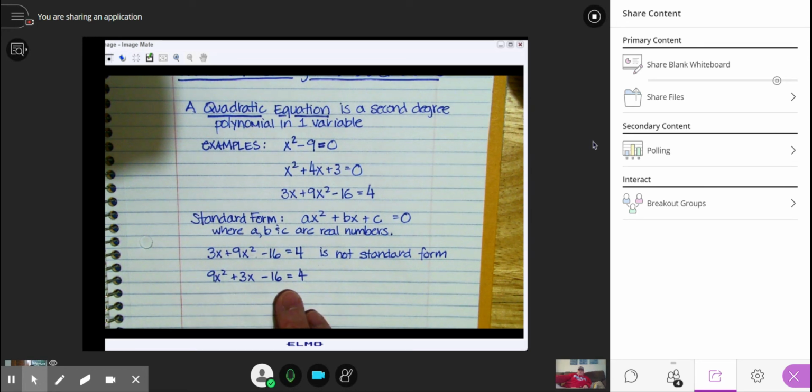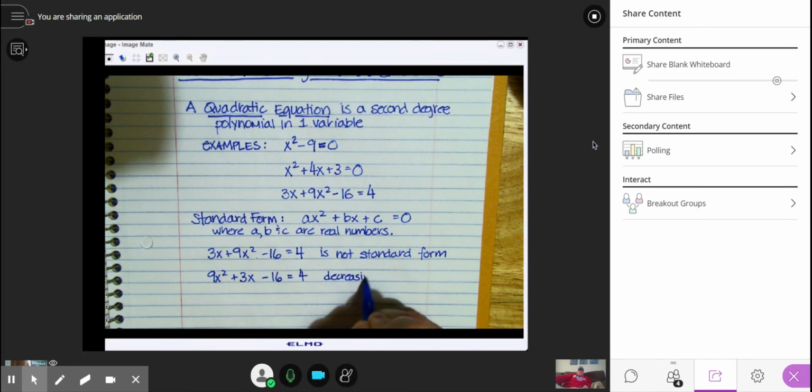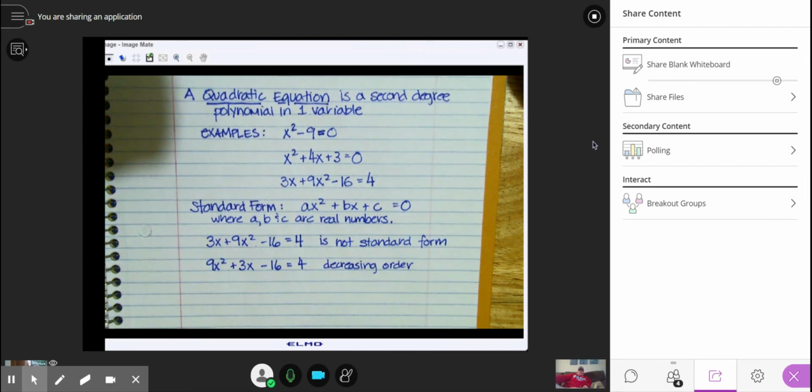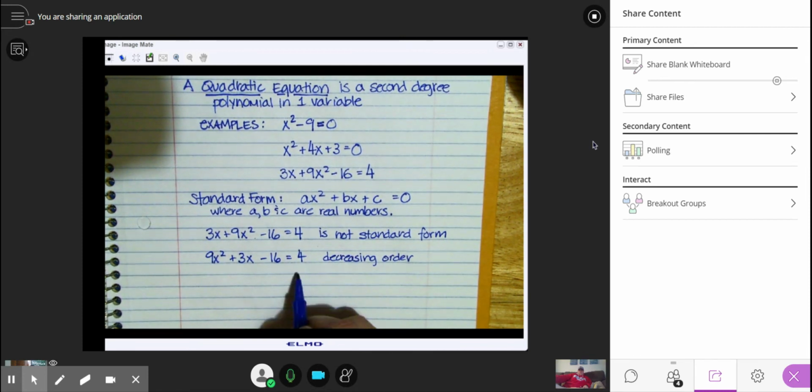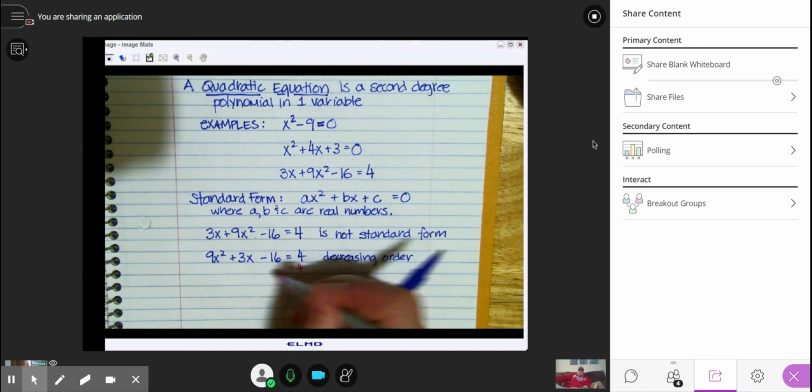Decreasing order. And then the second thing I would want to do is subtract 4 from both sides to make sure it's set equal to 0.